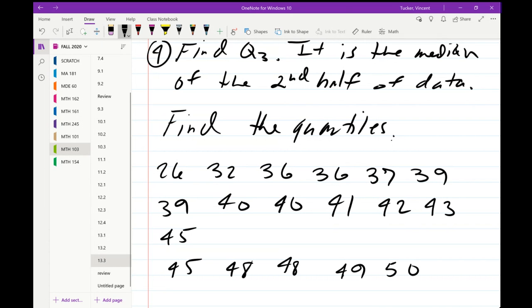I think I'm missing a value. About 45, 45, 42. I'm missing one of my 42s. I knew I was missing something. So it should be 43. So I got two 45s. Okay.